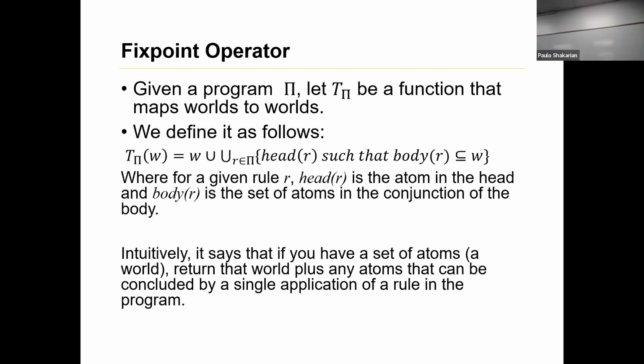Yes, we can simplify this to simple English: if the body is satisfied by the world, then the head is in the set. Exactly. This function returns the world plus all the heads of the rules whose bodies that world satisfies.